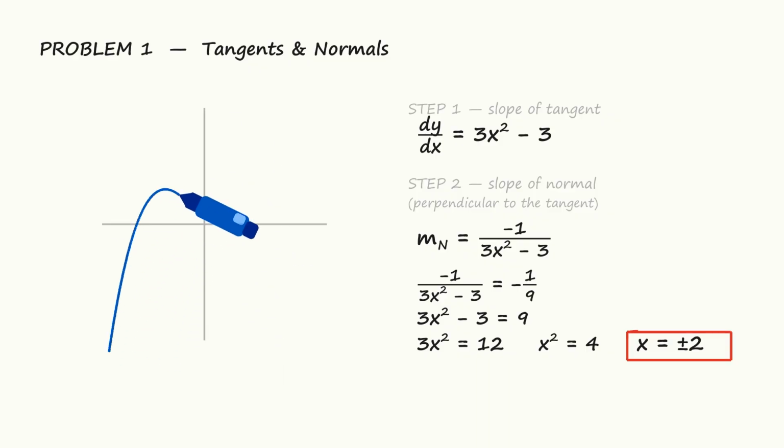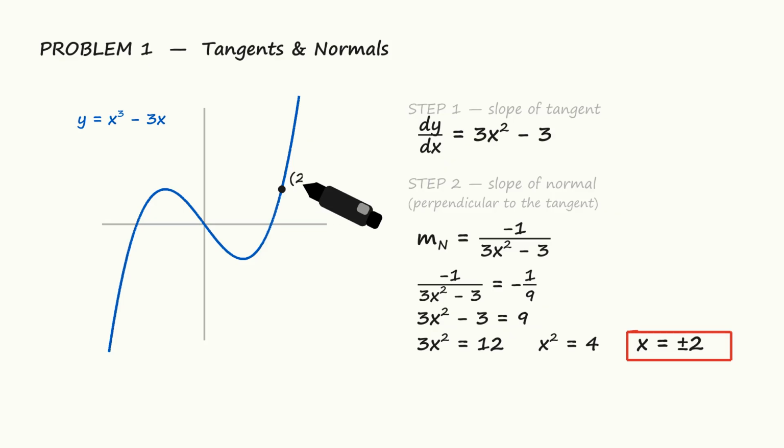Feed those x values back into the curve. Never into the derivative. At x equals 2, y equals 8 minus 6, which is 2. At x equals minus 2, y equals minus 8 plus 6, which is minus 2. 2 points of contact. 2, 2, and minus 2, minus 2.